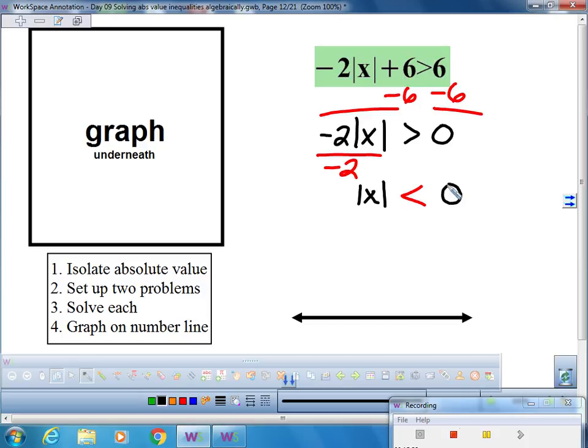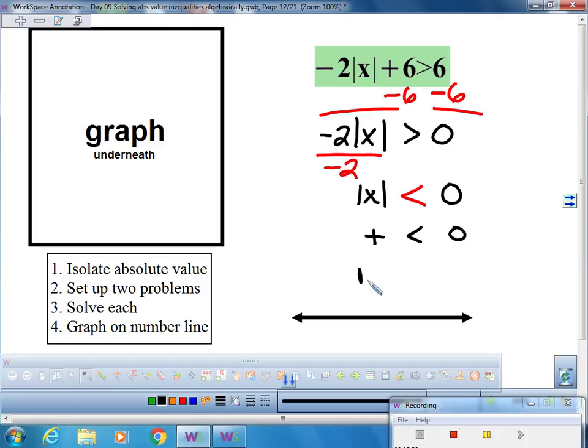Let's ask ourselves, absolute value has got to be a positive number, correct? Can a positive number be less than 0?